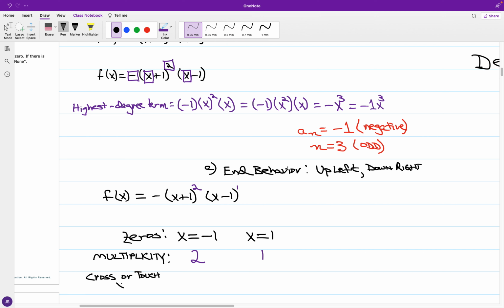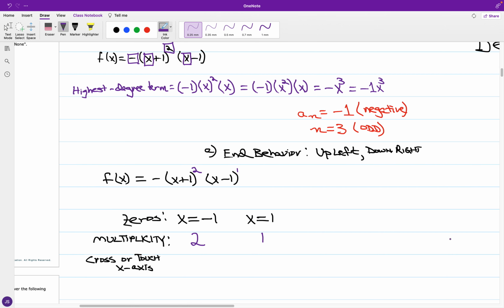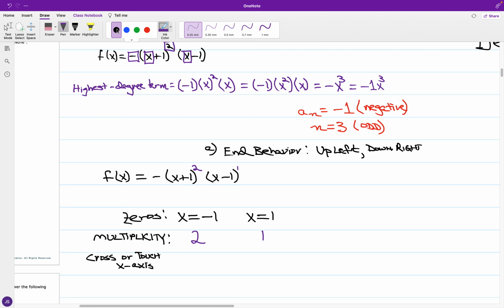And in terms of whether the graph is going to cross or touch the x-axis, for even multiplicity zeros, those zeros are locations where the graph is going to touch. So it's going to touch the x-axis at x equals negative 1.